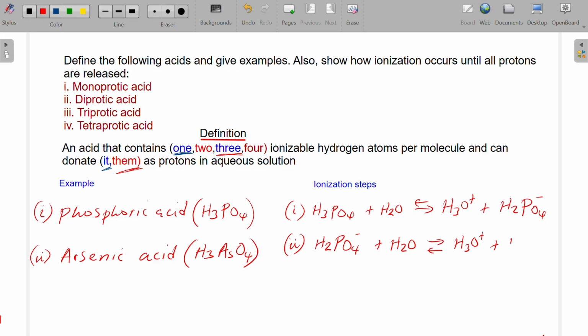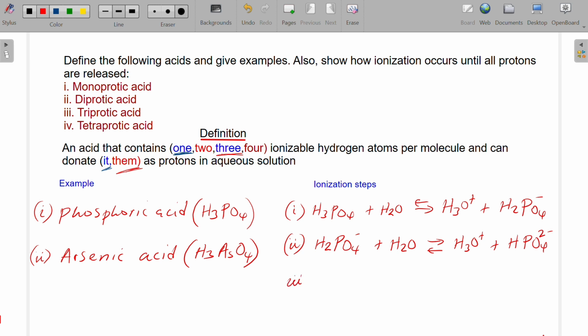When we give a hydrogen again, what will remain is HPO₄, like that. So that's what we have there. The charge, it was -1, now it's going to be -2.